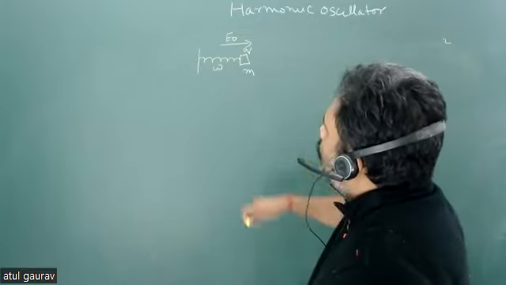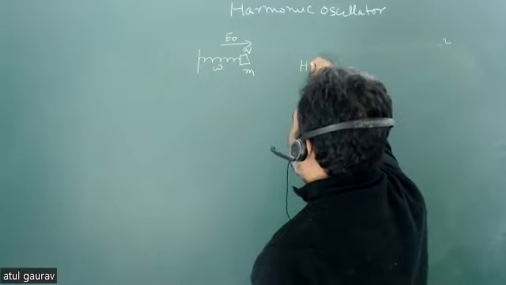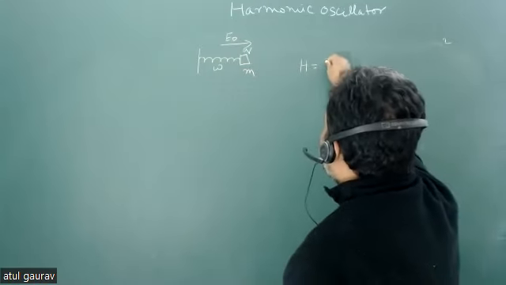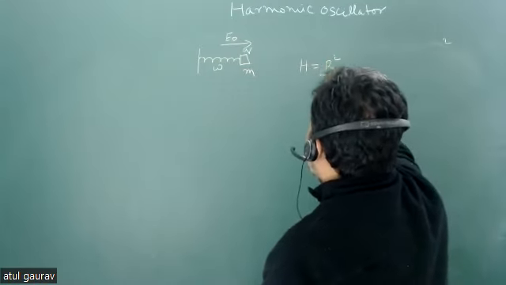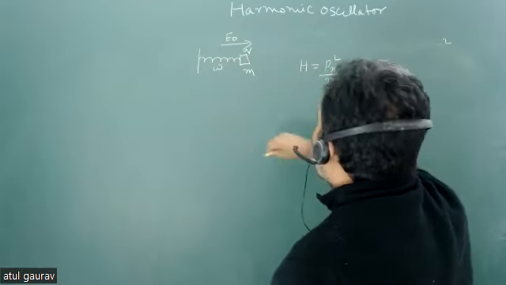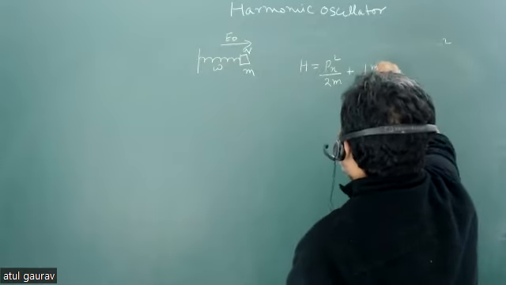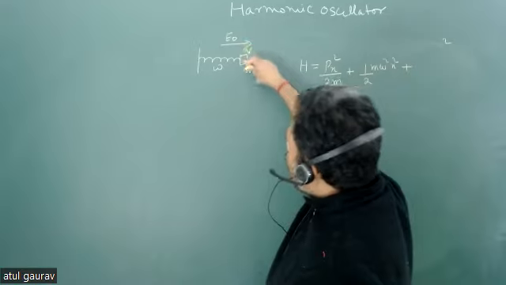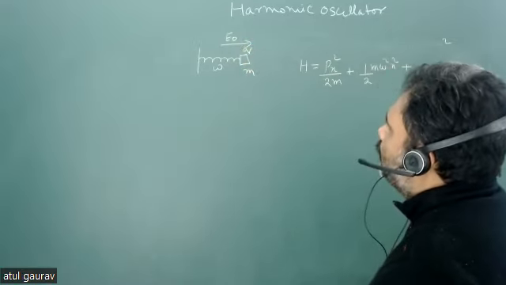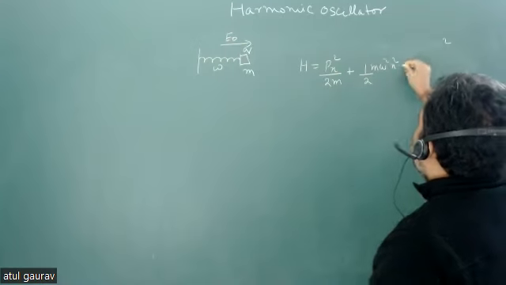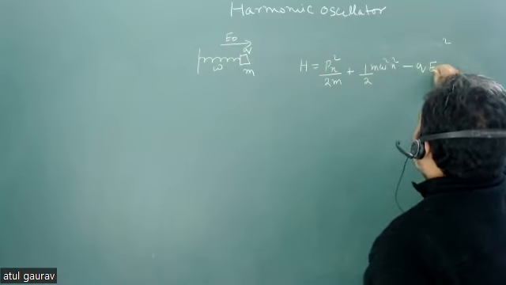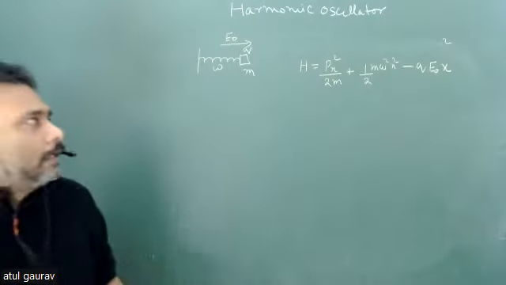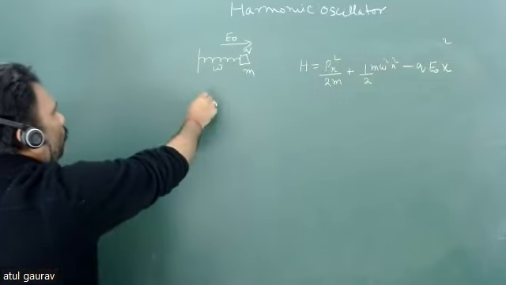So first we have to go for the classical Hamiltonian, then only can you go up to the quantum mechanical Hamiltonian. So what will be your kinetic energy? The kinetic energy is something like this. There are two types of potential energy. One is half m omega square x square, plus you also have potential energy due to the electric field, and that potential energy is minus q E naught x, isn't it? सही लिखा हो ना? अभी तो आपका EMT चल रहा है, सो आपने तो ये सब कर लिया होगा.